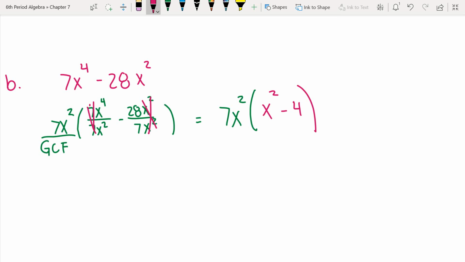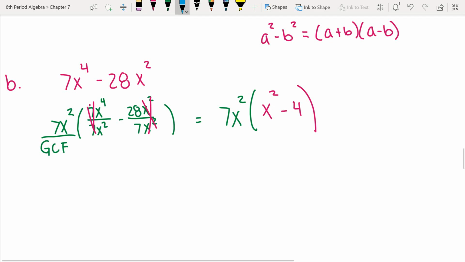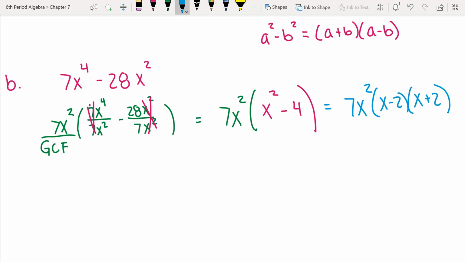This is a difference of squares, meaning this formula, a squared minus b squared, factors out to be a plus b times a minus b. So I know by using this formula, just because I've been doing this for a long time, that factoring x squared minus 4 should give me the final answer with the GCF still out front of 7x squared times x minus 2 times x plus 2.